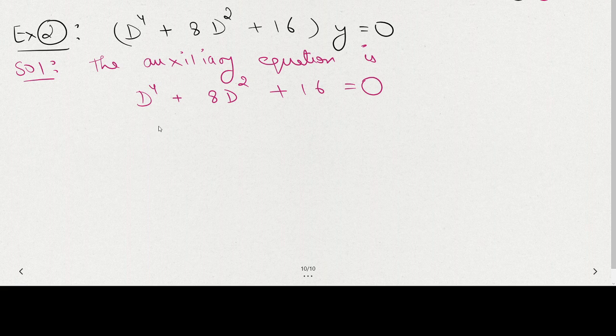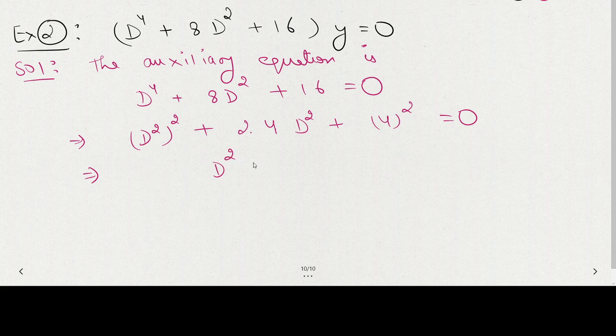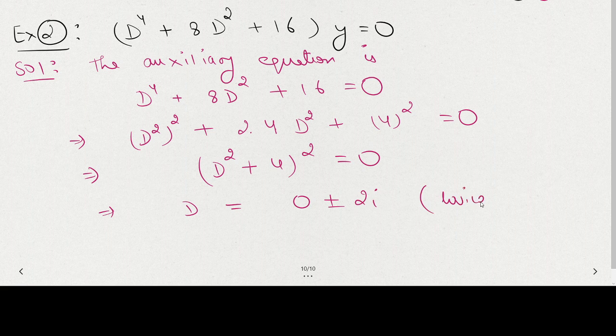If you see, this is (D^2)^2 + 2 times 4 D^2 + 4^2 = 0. So this is the square of (D^2 + 4), (D^2 + 4)^2 = 0. From that the roots are D = 0 ± 2i, and we have repeated roots.